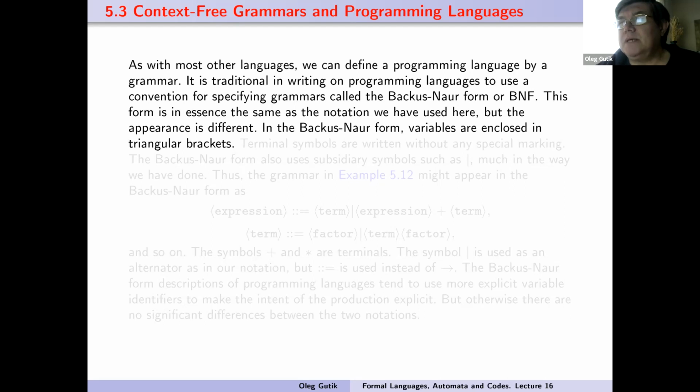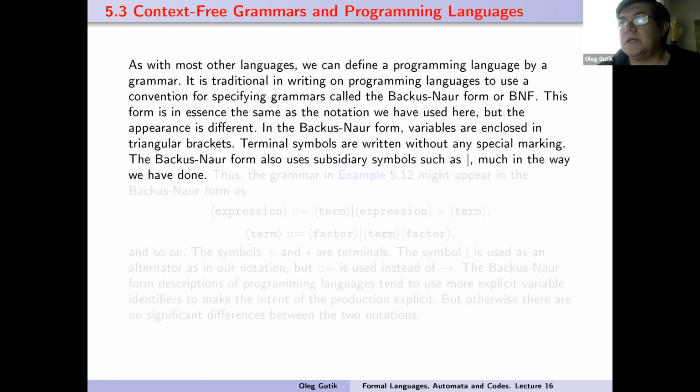In the Backus-Naur form, variables are enclosed in triangular brackets. Terminal symbols are written without any special marking. The Backus-Naur form also uses subsidiary symbols such as the vertical line, much in the way we used it.